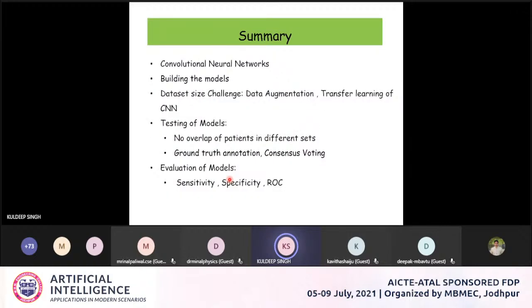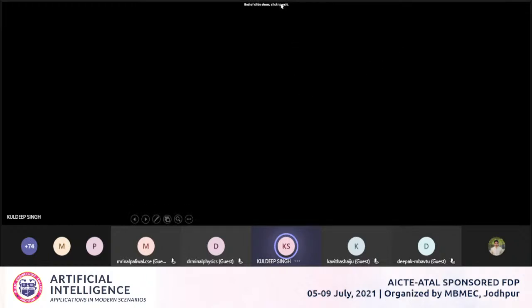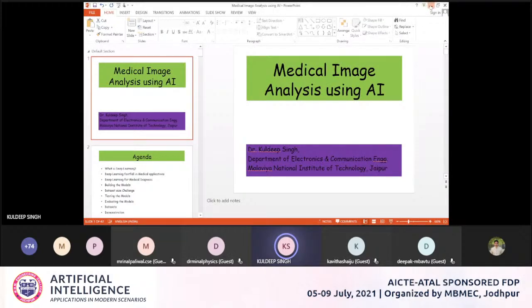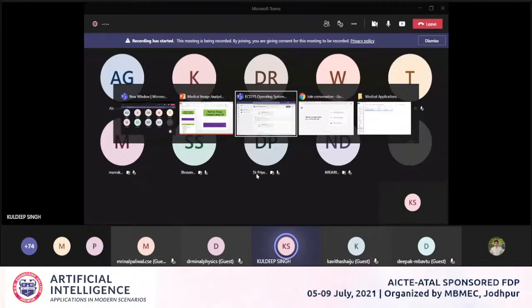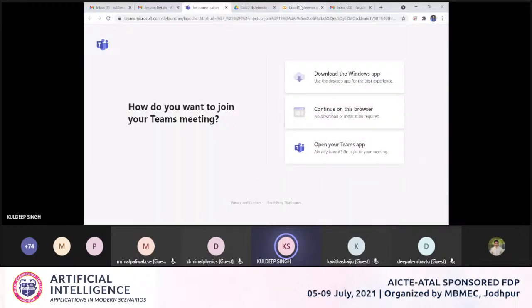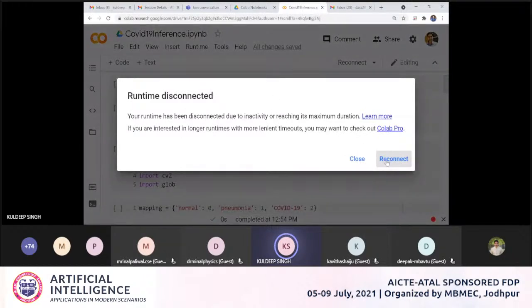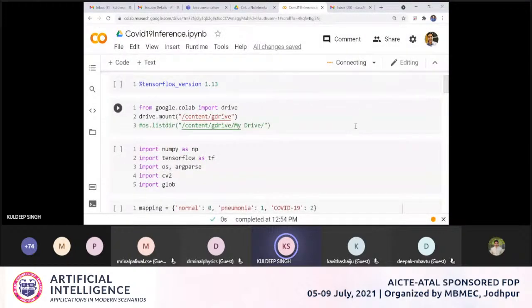Let me share another screen where we will have a demonstration. I hope the screen is available to you, the Google Colab screen. Just give me a moment.